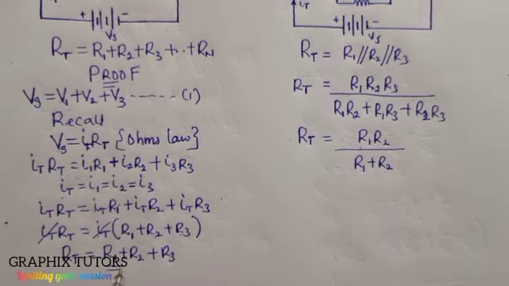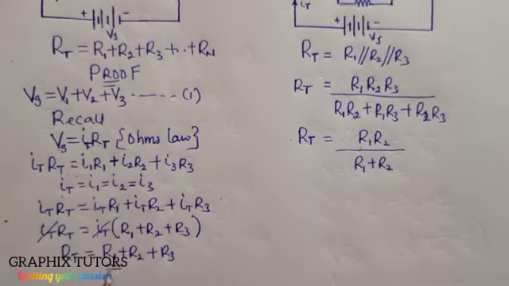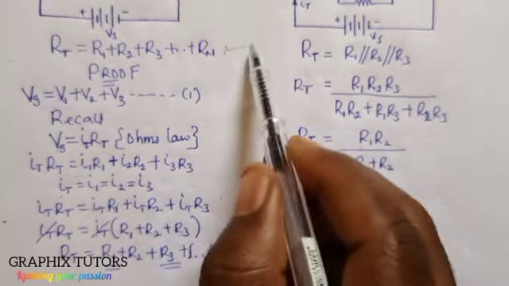So this is the general formula for resistance in series. If there is more resistance, you just add plus dot dot dot plus Rn. So we just proved this.